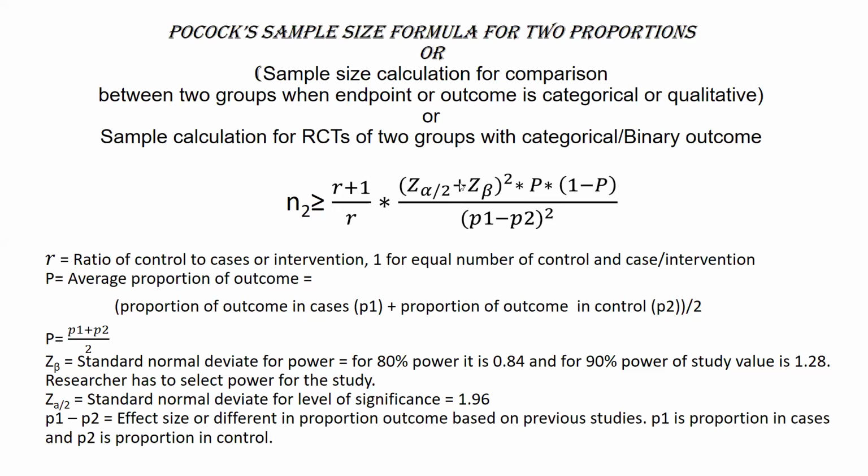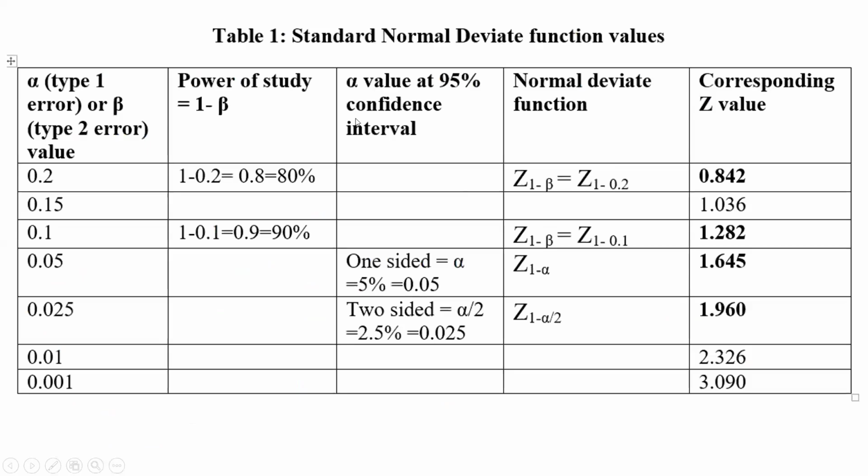You have to see this table. And I told you that if it is not superiority or non-inferiority, you have to take the two-sided alpha by 2 value. That is 1.96.